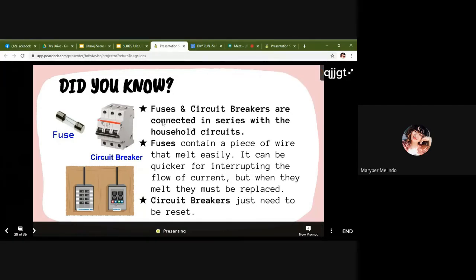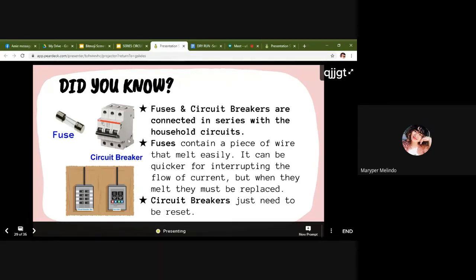Actually, majority ng mga circuits nowadays ay parallel. Pero bakit ito kailangan naka-series? Because yung fuse and yung circuit breakers, they protect us and also they control the flow of the current. Kaya dapat naka-series sila. Okay?